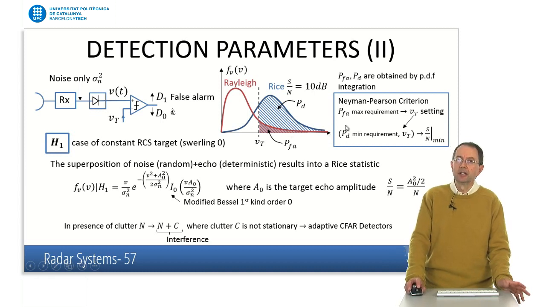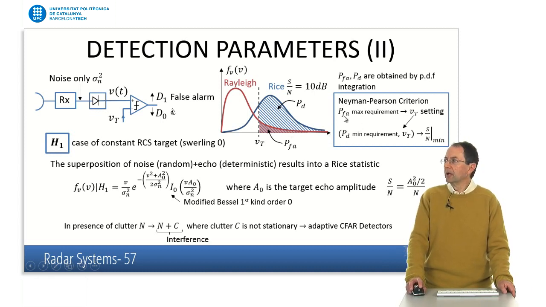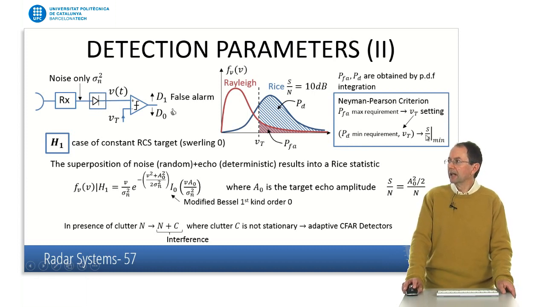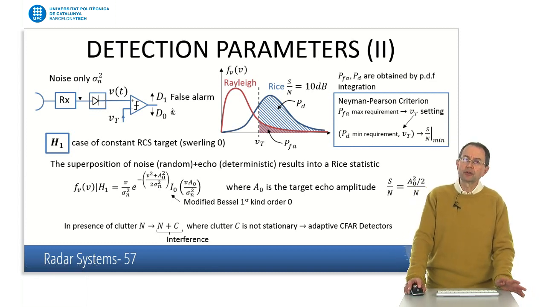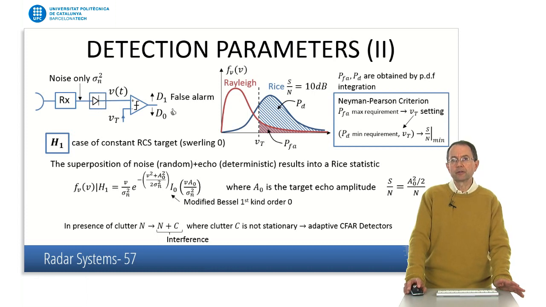Using the Neyman-Pearson criterion, PFA determines the setting of the threshold, and then from the minimum requirement of probability of detection, we can estimate the minimum signal-to-noise ratio that we need in order to obtain the required PD. All this analysis is true in a simple situation when the noise at the receiver is a stationary process.